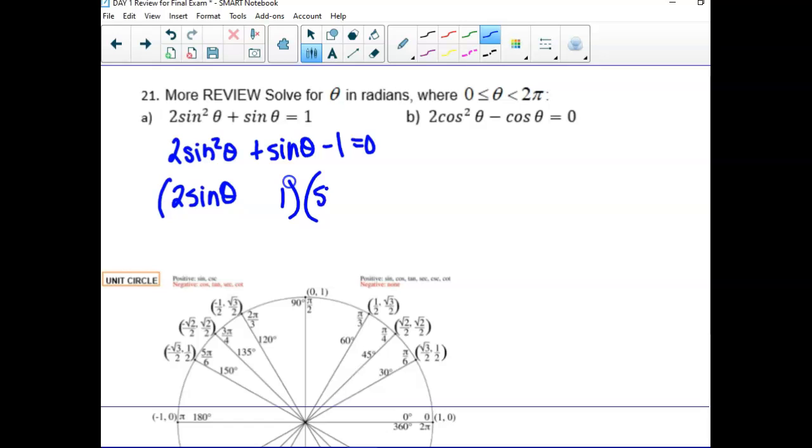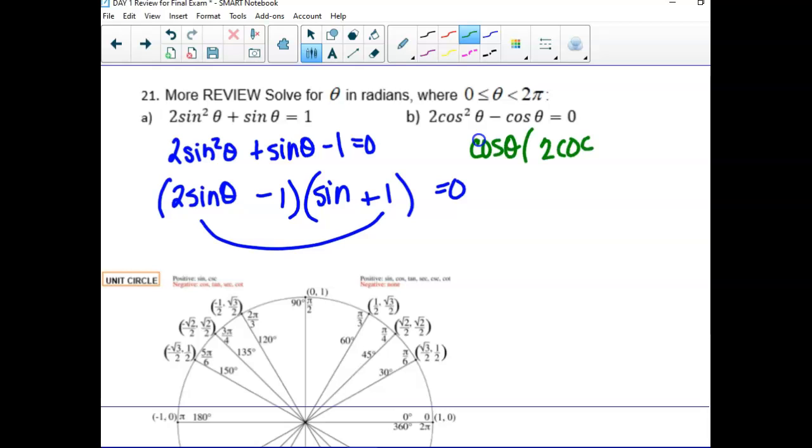And 1 sine and 1, but we need it to end up positive. Did I do that right, guys? What happens on this one? What can you do there? Take out a cosine, and that would leave 2 cosine minus 1.